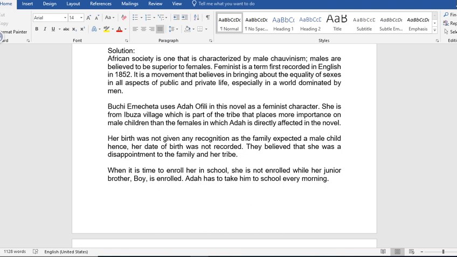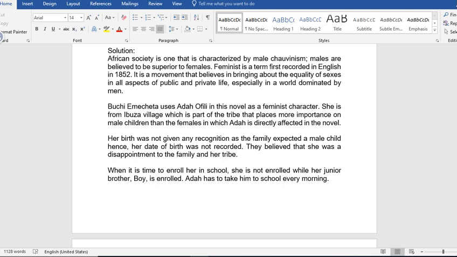Her birth was not given any recognition as the family expected a male child, hence her date of birth was not recorded. They believed that she was a disappointment to the family and her tribe. Because Ada came a female child, her date of birth was not even recorded.